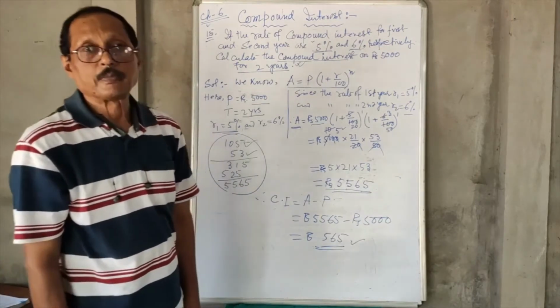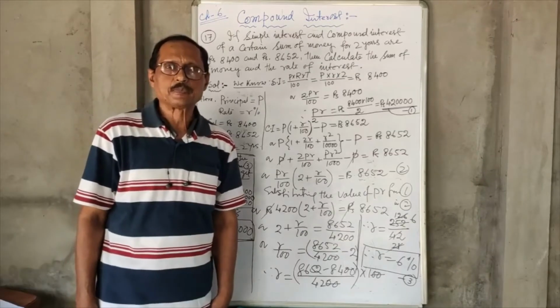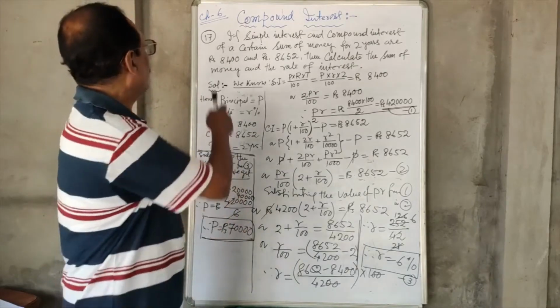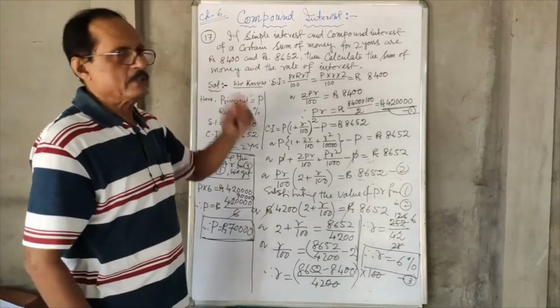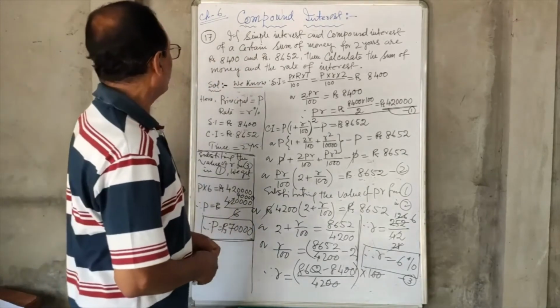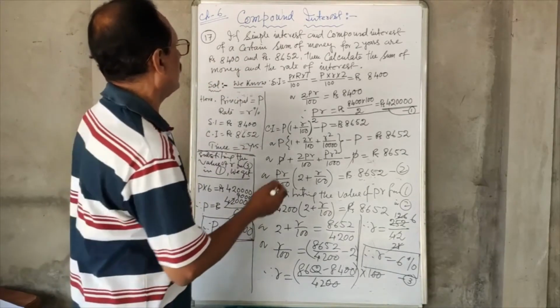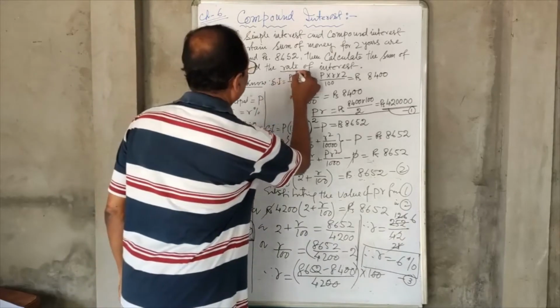Okay, the next problem is problem number 17, and it is different from the previous problem because here there are 2 things to find out. One is the sum of money and the other is the rate of interest.